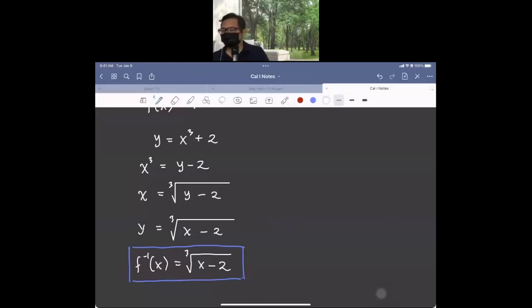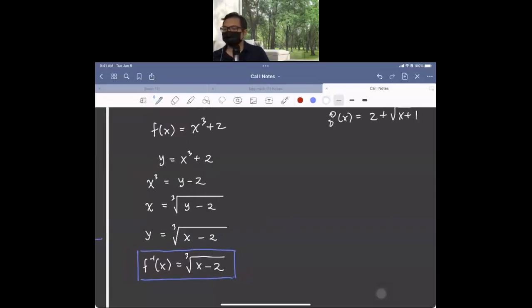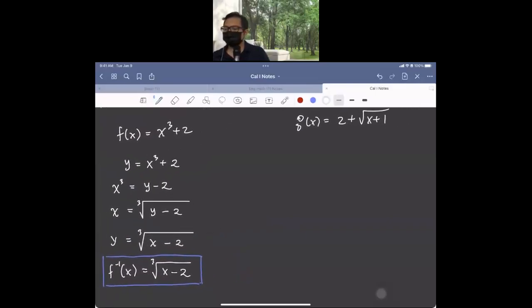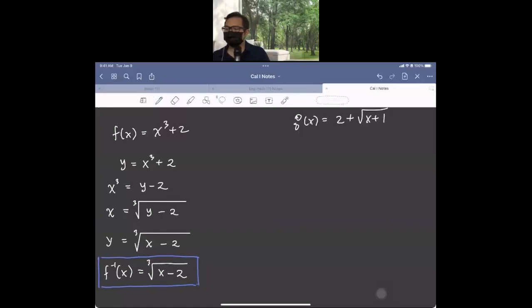Okay, I think that's not a problem for this one. Now, if we look at the second function, we do the same thing here.